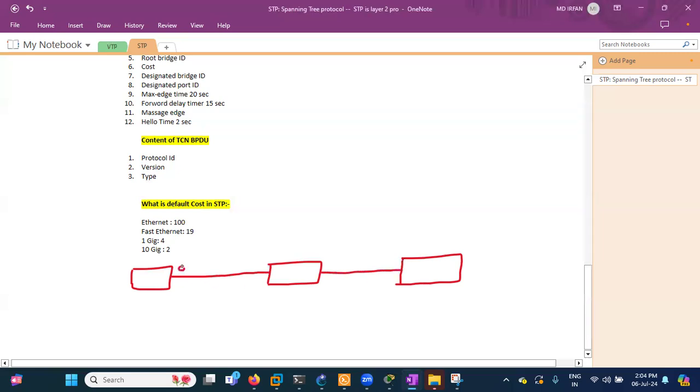Okay, this is 0/1, 0/1, 0/2, 0/1. Okay, this is switch number 1, switch 2, switch number 3.